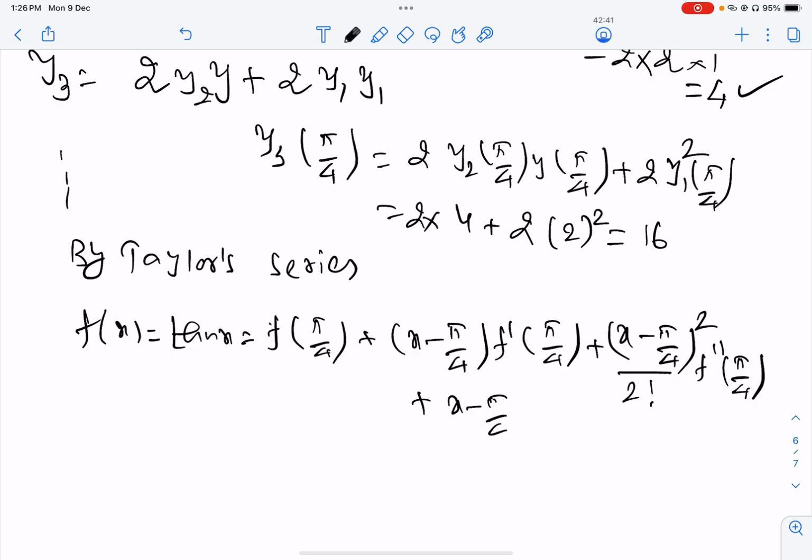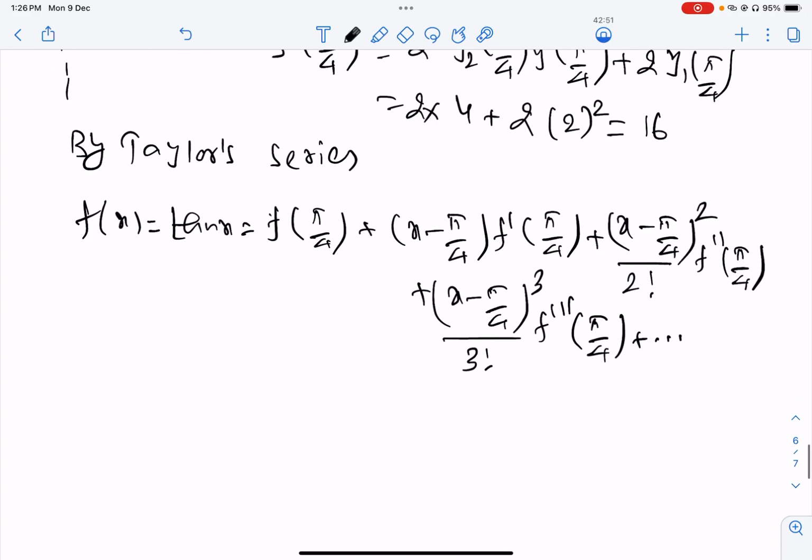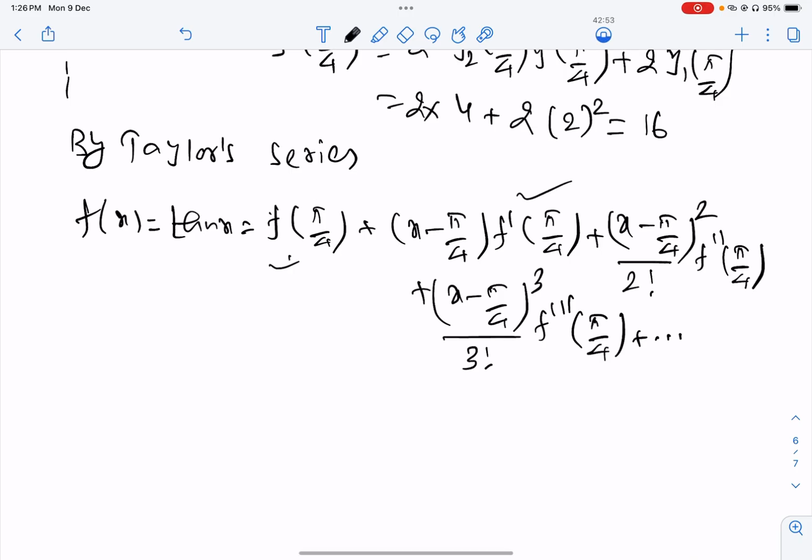Say x minus pi by 4 cube by 3 factorial into the third derivative at pi by 4, and so on. This is y at pi by 4, this is y1 at pi by 4, this is y2 at pi by 4, this is y3 at pi by 4.